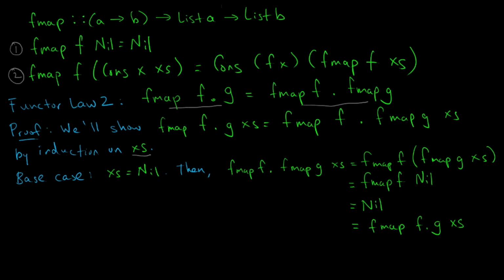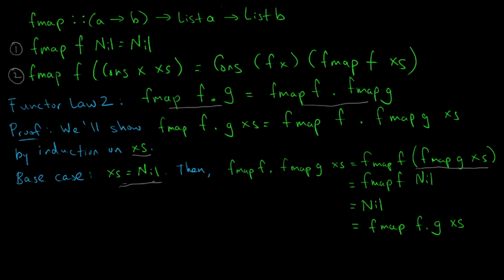So first, let's start with the base case. Assume x's is nil. And we're just going to, again, compute in a string of equalities. For convenience, we'll start with the right-hand side of the equality, and then end up deriving the left-hand side. So fmap of f composed with fmap of g applied to x's. Let's first associate. That means we apply fmap g of x's first.